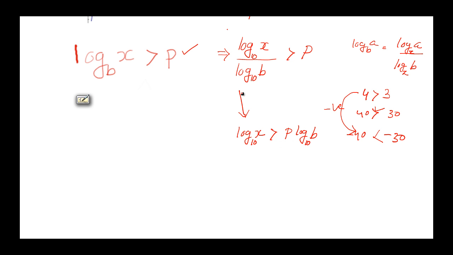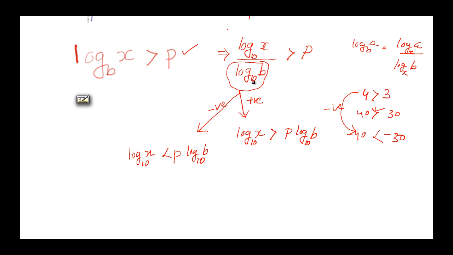And you get another case, case 2, where log x to the base 10 is less than p into log b to the base 10. Now case 1 comes when log b is a positive number, and when log b is negative, then you get case 2.